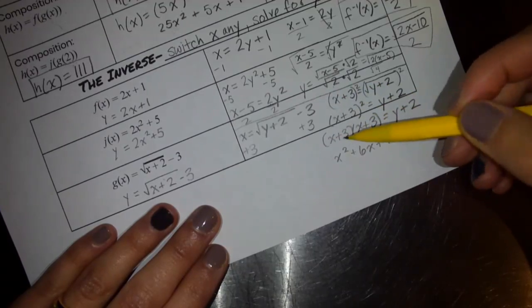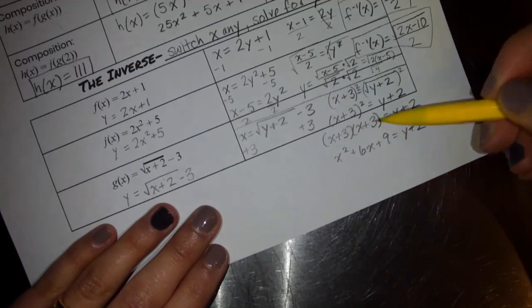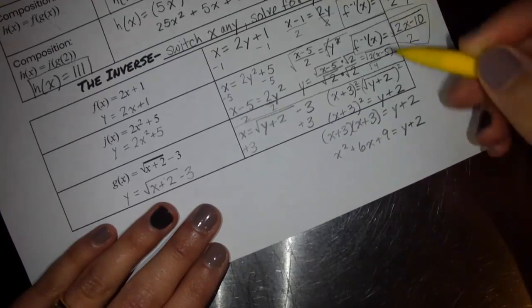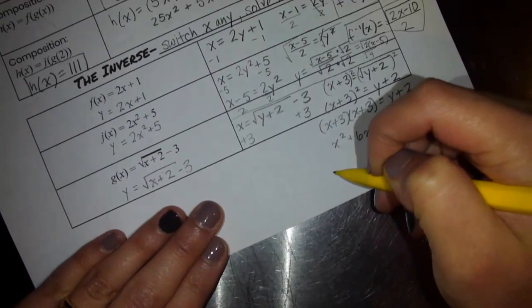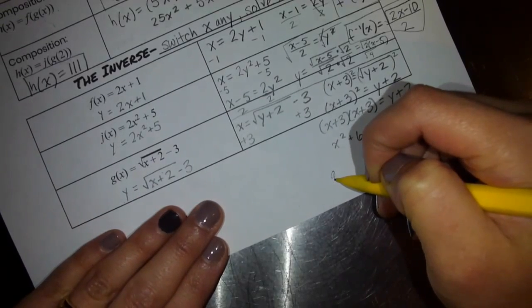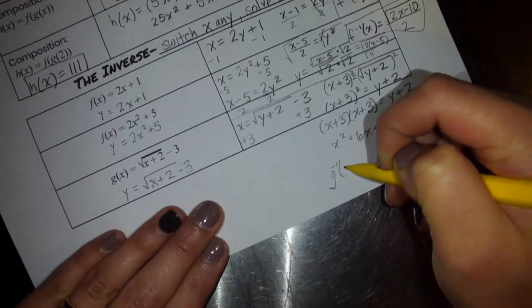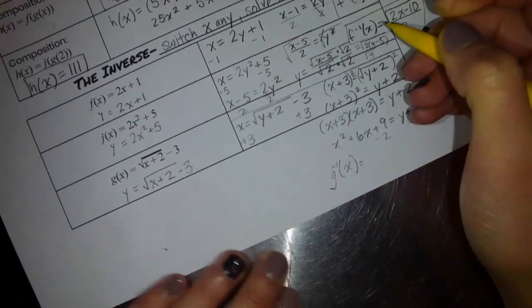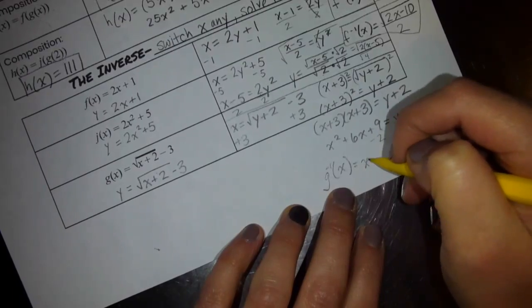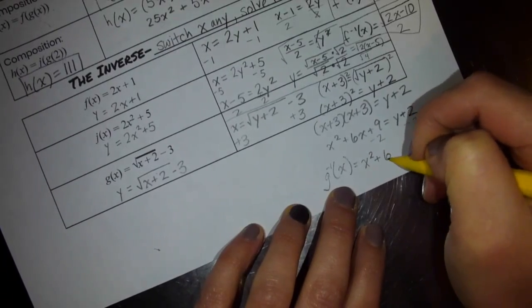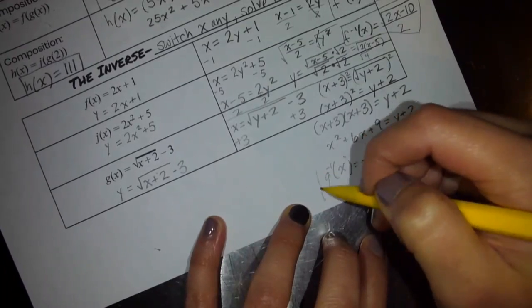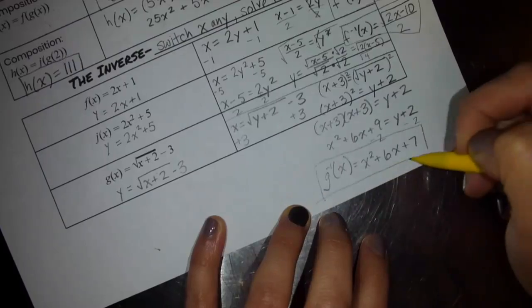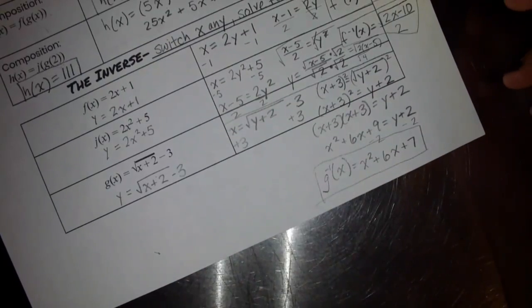We have to rewrite it twice and then do FOIL to get this expression. And my last step is just subtracting this 2. So my final answer for g of negative 1 of x is x squared plus 6x plus 7. And that would be my final answer there.